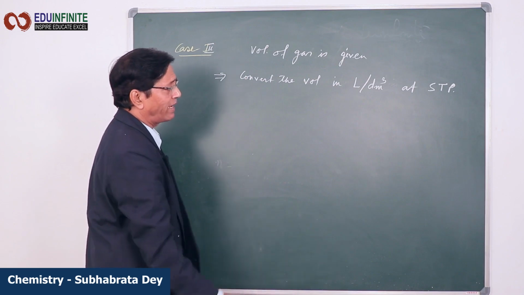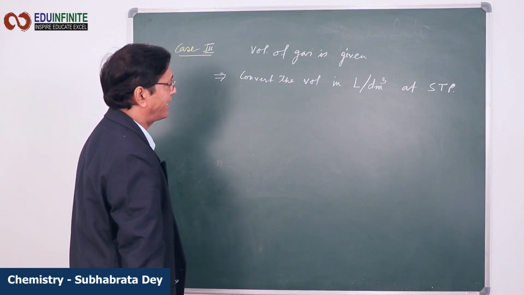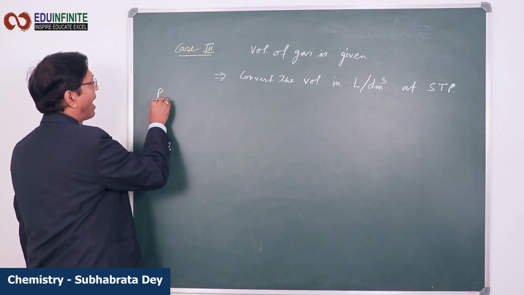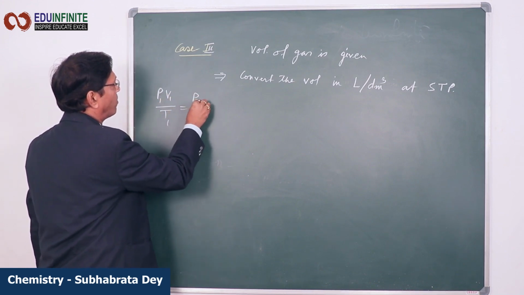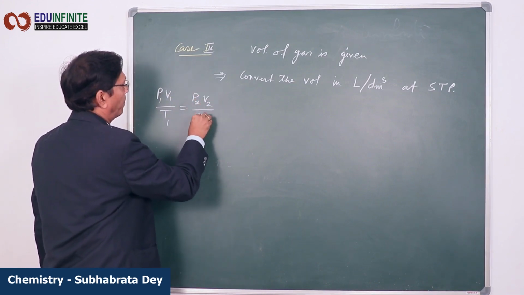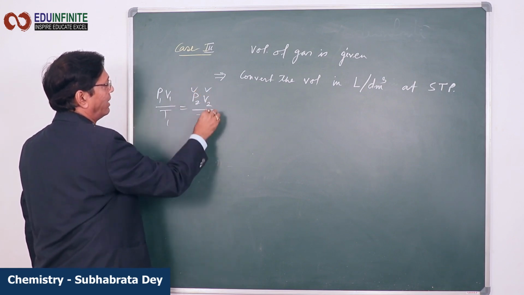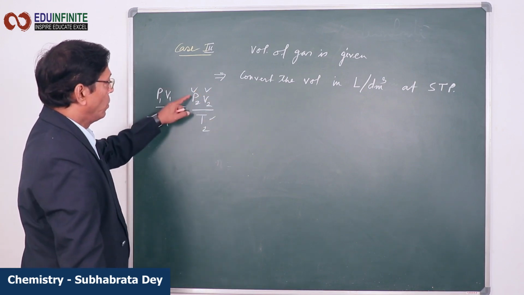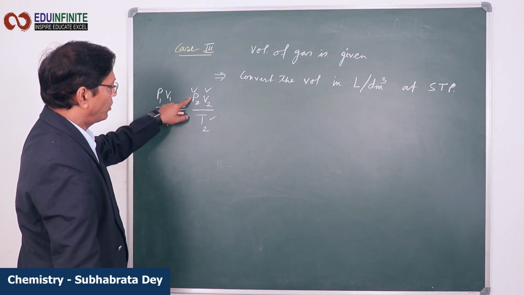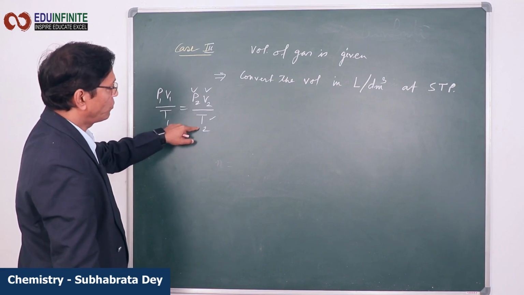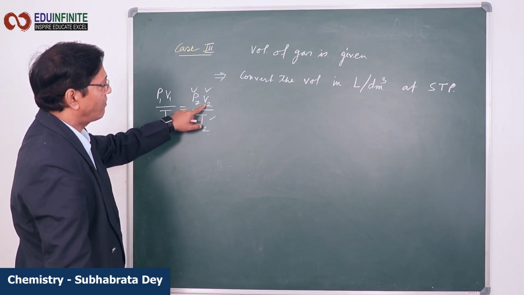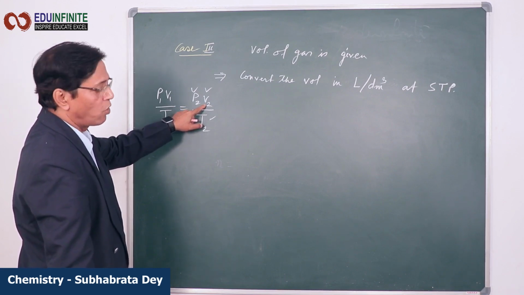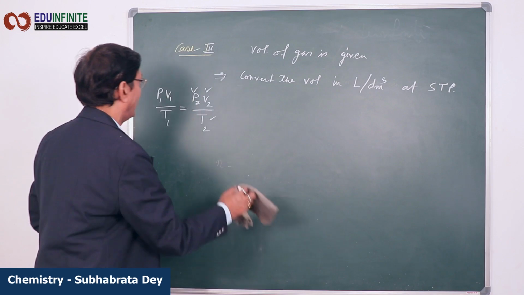But if it is not given at STP but at any other temperature and pressure, apply this equation: P1 V1 by T1 is equal to P2 V2 by T2. Here P2, V2 and T2 are at atmospheric pressure 1 and absolute zero temperature, that is 273 Kelvin. Under that you will get the value of V2, that is the volume at STP. So calculate that.